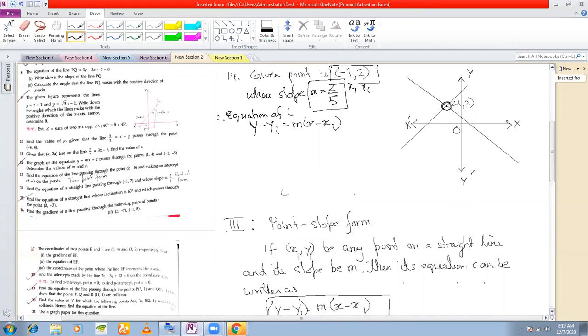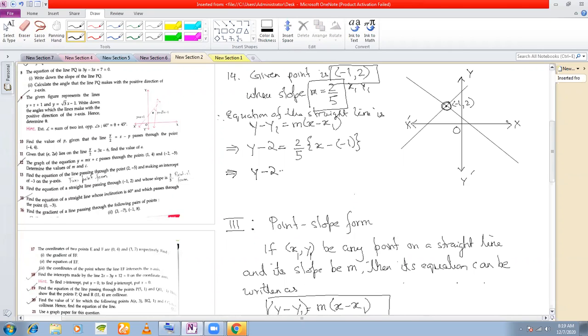Therefore, the equation of the straight line is this. And now put the values. y minus y1 is 2, m is 2 by 5, and x1 is minus 1. So this is your equation of the straight line.